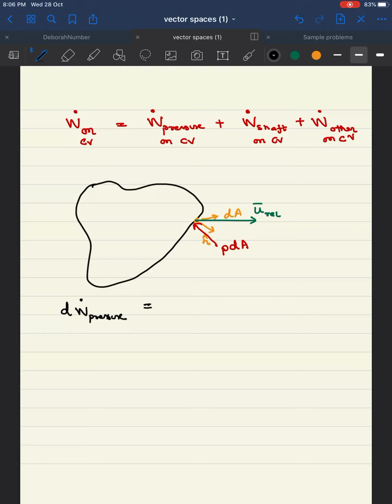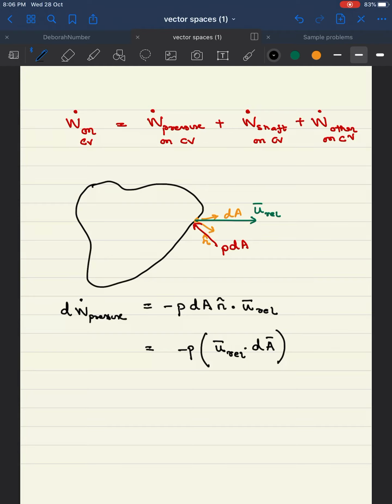So what is the force here? The force is minus P dA with respect to the outward normal, right, dot U_rel. So this is equal to minus P U_rel dot dA. Now they are both in their vector forms.